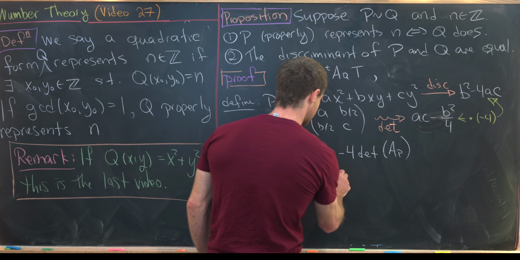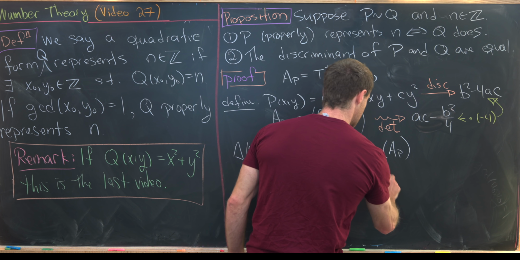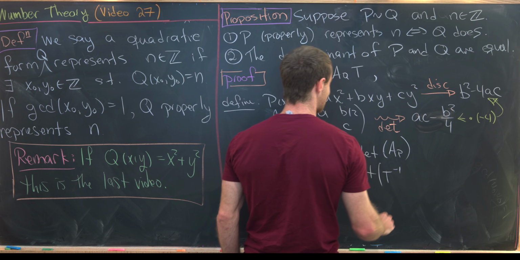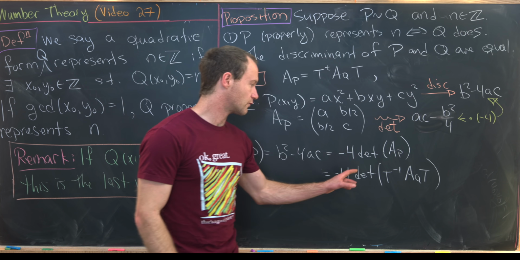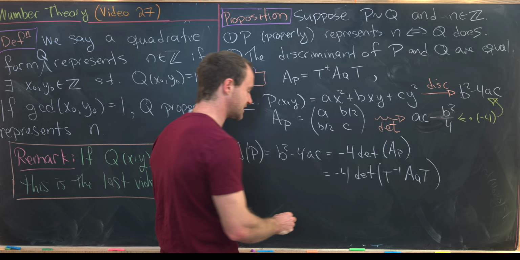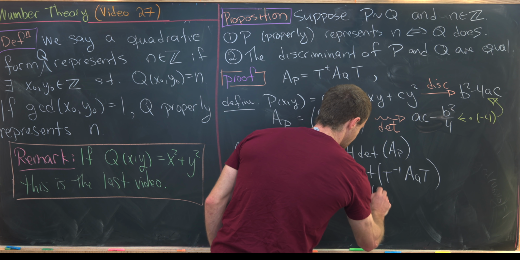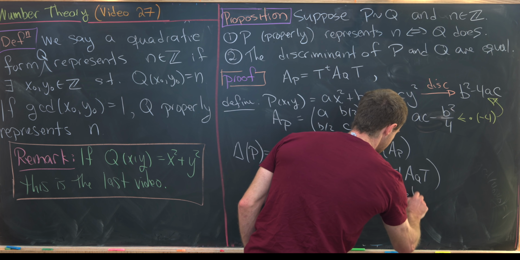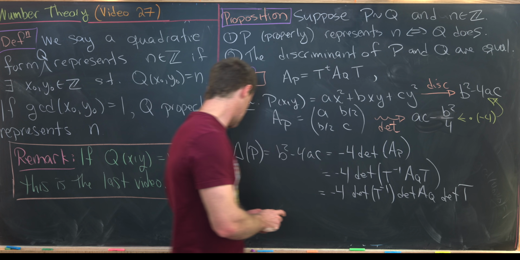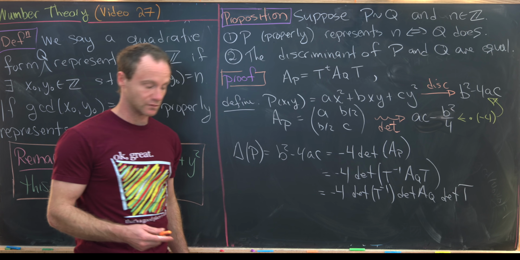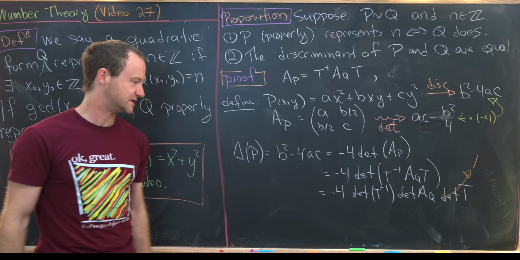Okay, but now that's going to be equal to minus 4 times the determinant of T transpose, T inverse, A_Q, T. But recall that the determinant is a multiplicative function. So this gives us minus 4, the determinant of T inverse times the determinant of A_Q times the determinant of T. But then the determinant of T is 1 by our definition of T being from SL2(Z).